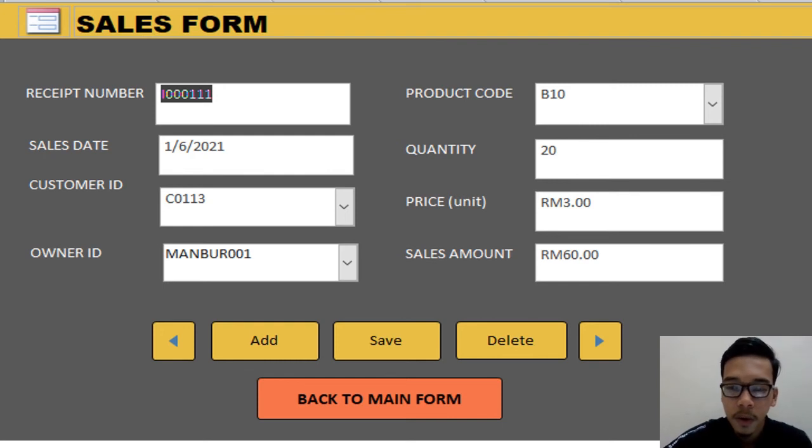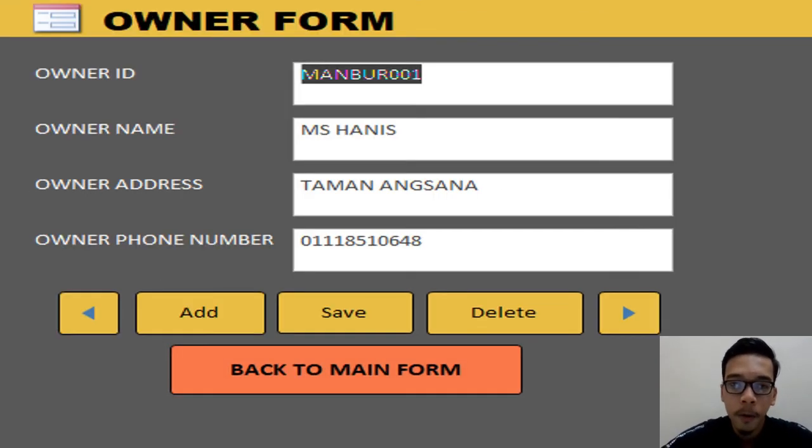And this is the sales form, where we record the transaction during the sales, the quantity, price, also the product code. And this is the owner form, which is a registration for the owner to record the owner details in this system.